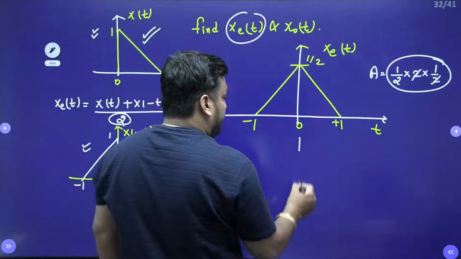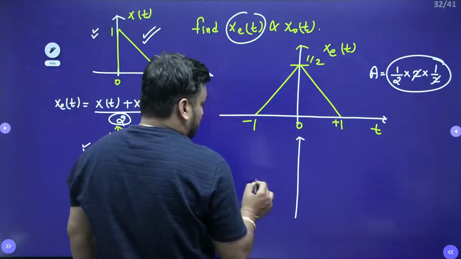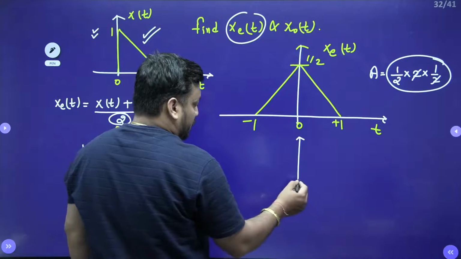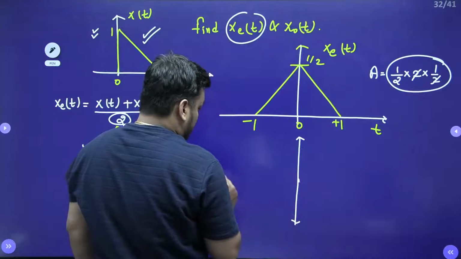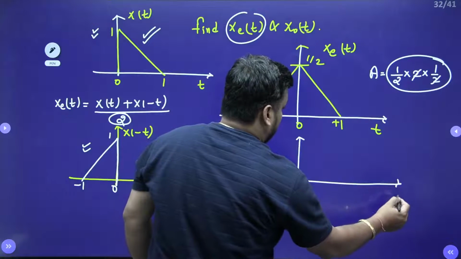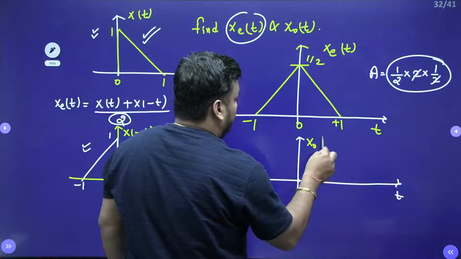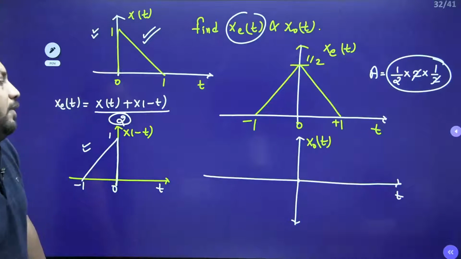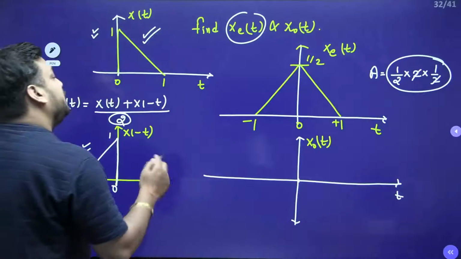Similarly, students, if anyone asks about the odd component, then you should take x(t) minus x(minus t).